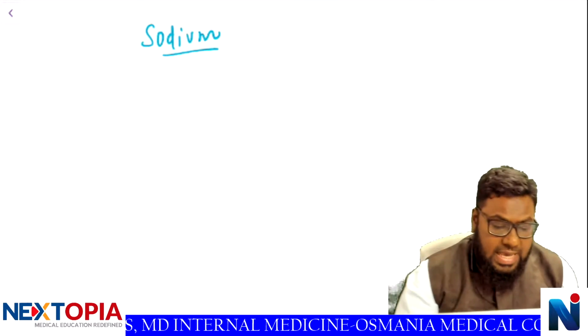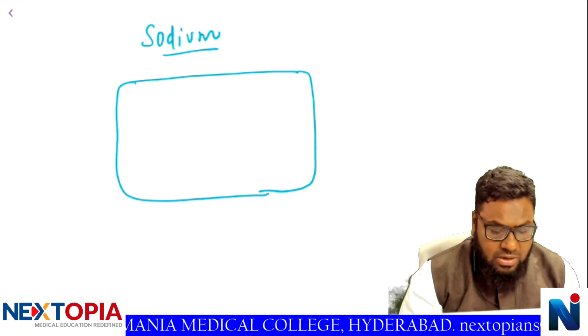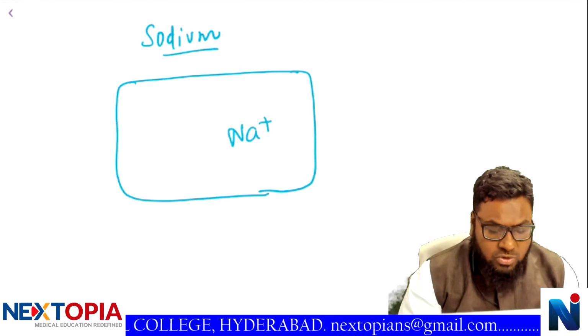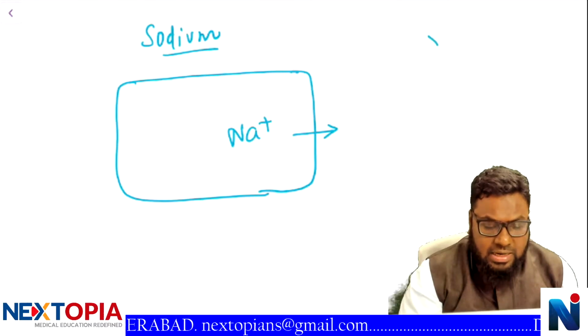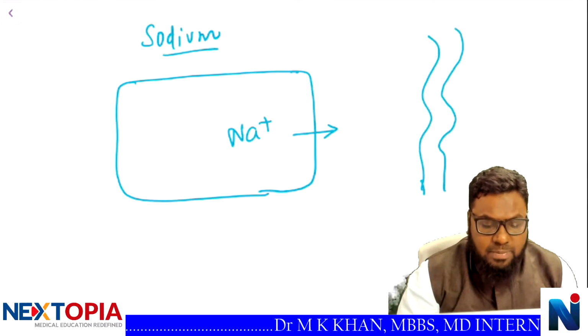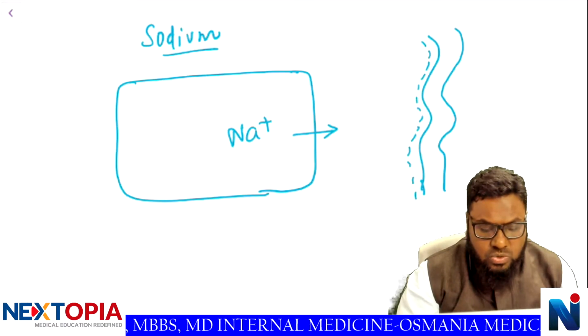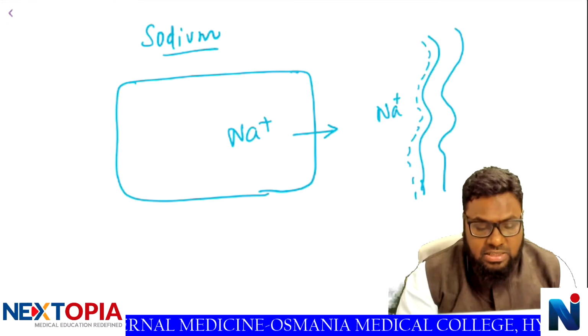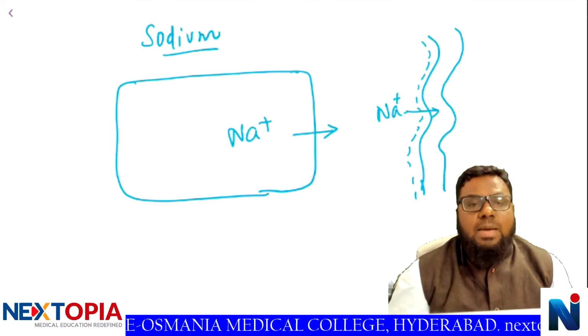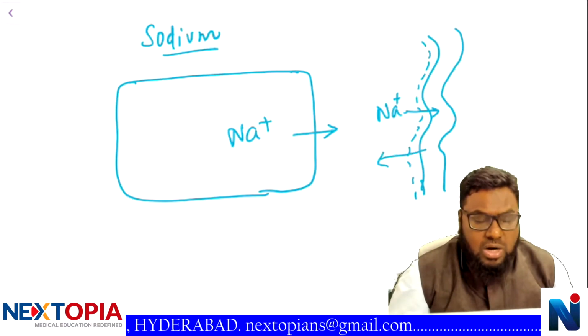All right, so this is a cell with a cell membrane. A sodium ion cannot move out of the cell, but at the same time you have a blood vessel here, and the blood vessel has a capillary membrane. Say this dashed line is a capillary membrane. Sodium present in the interstitial fluid can easily cross the capillary membrane and enter the blood vessel, and it can similarly move out also.